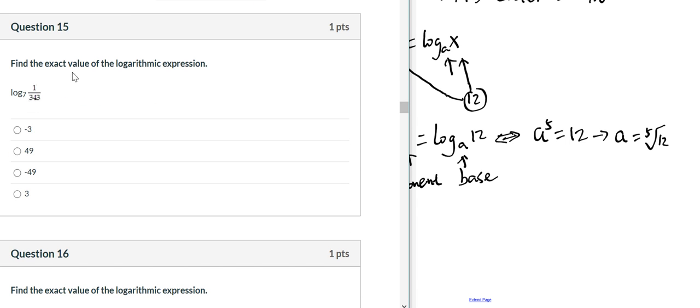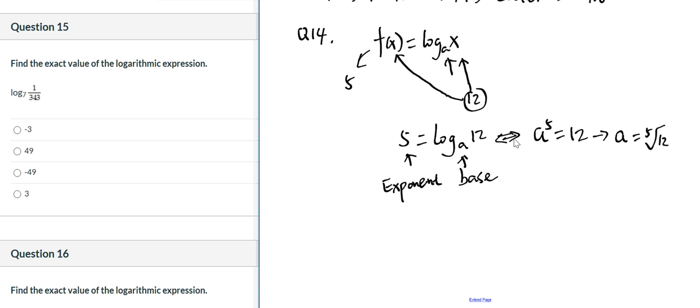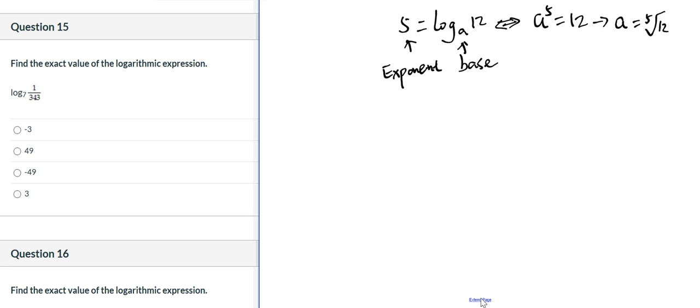This one, we want to find the exact value of the logarithm expression. All right. So in this case, let's put question 15 here.